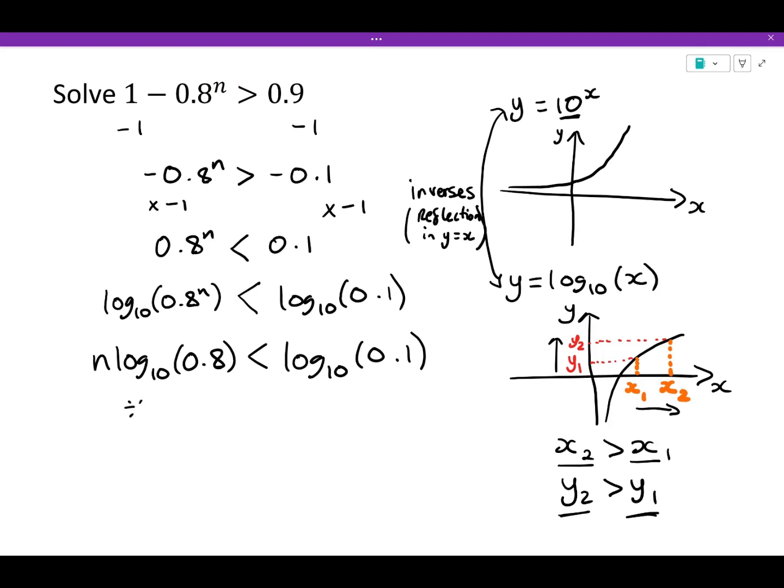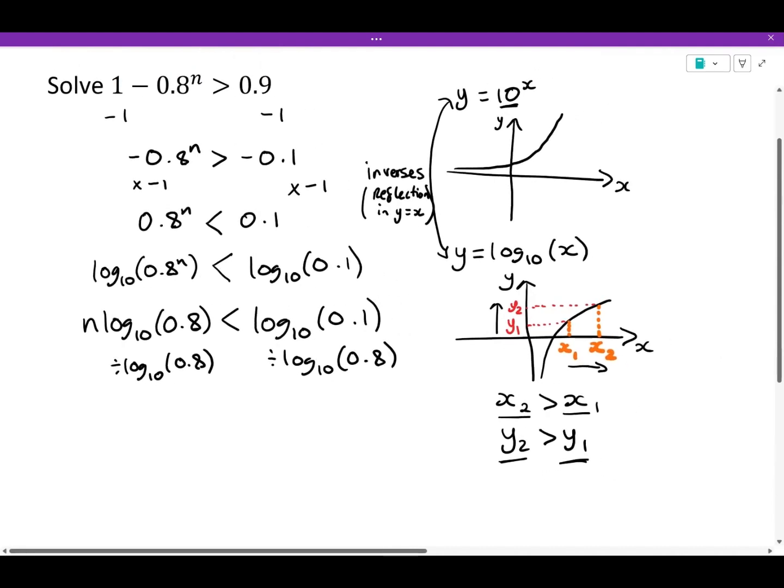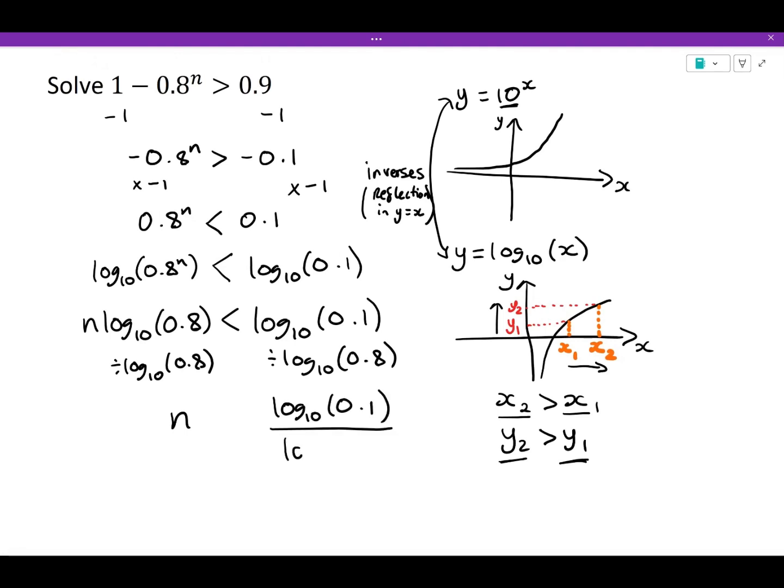So I'm just going to write that down here. And we're doing it on both sides, of course. So on the left-hand side, the log base 10 of 0.8 is going to be cancelled out, so we're just left with n. And then on the right-hand side, we're going to get log base 10 of 0.1 divided by log base 10 of 0.8.